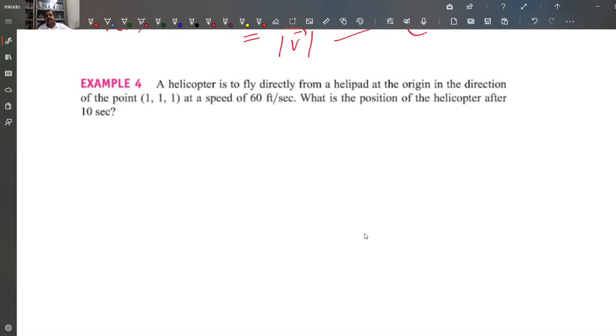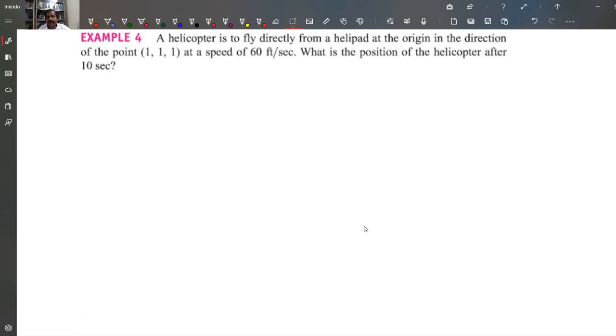This question says a helicopter is to fly directly from the helipad at the origin in the direction of the point 1, 1, 1 at speed 60 feet per second. What is the position of the helicopter after 10 seconds?